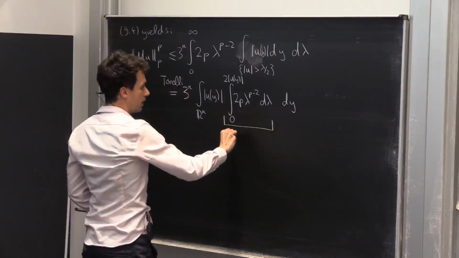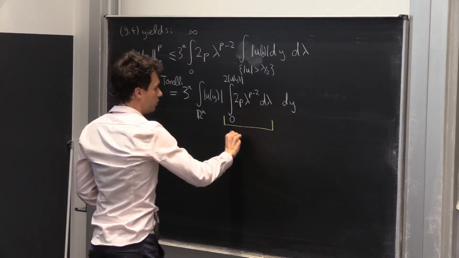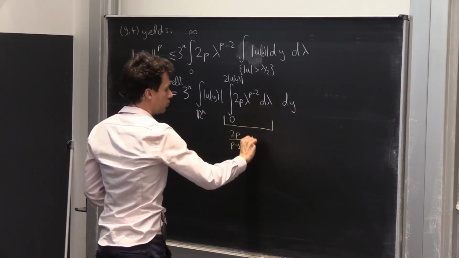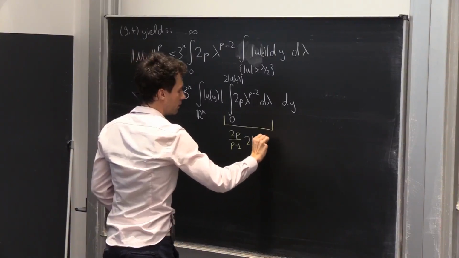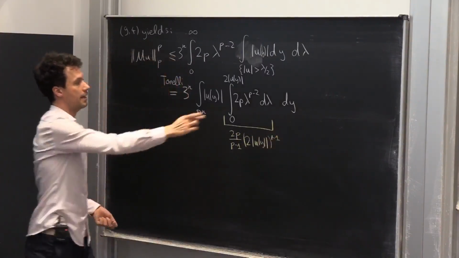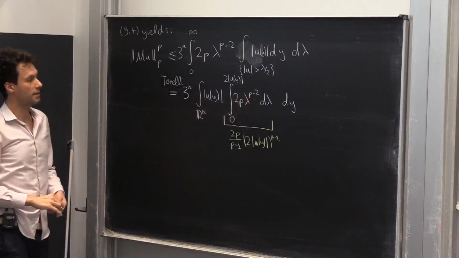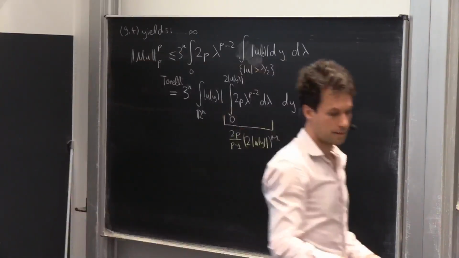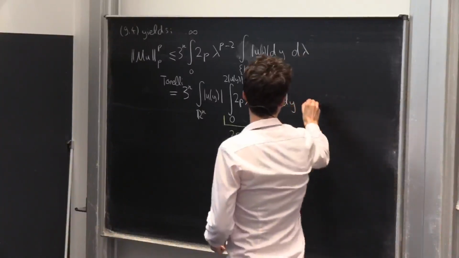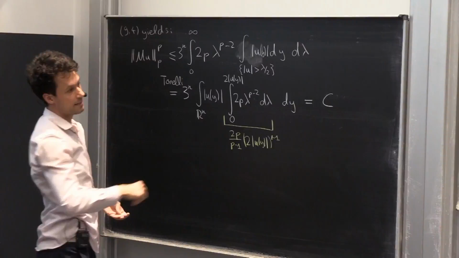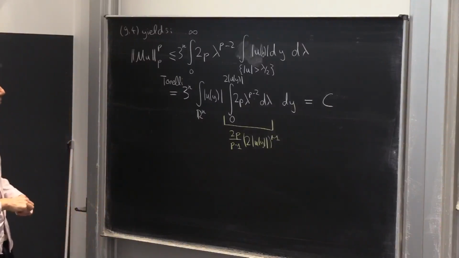And now that's an integral you can compute. This gives you 2p over p minus 1 times 2 absolute value of u to the power p minus 1. Just take the antiderivative of this p minus 2 function. And then if you put it all together, you get some constant, and the constant turns out to be exactly the c, so that's what c stands for.